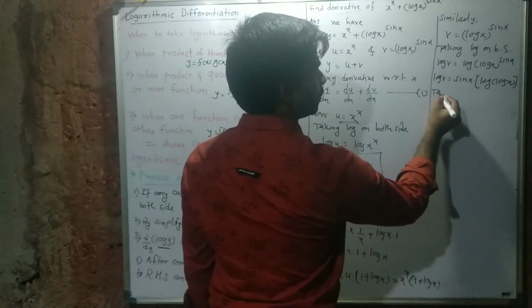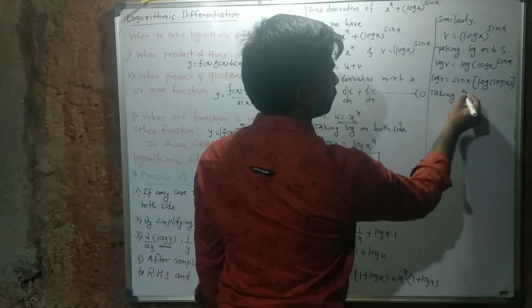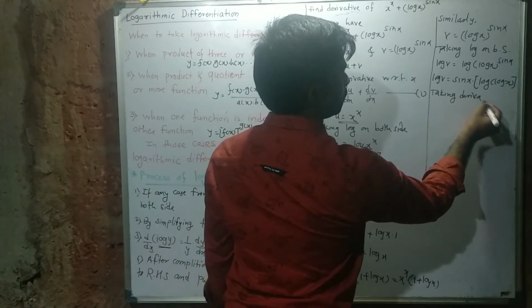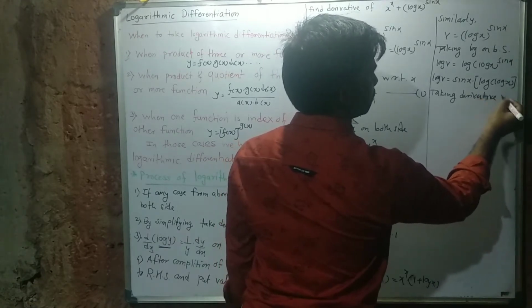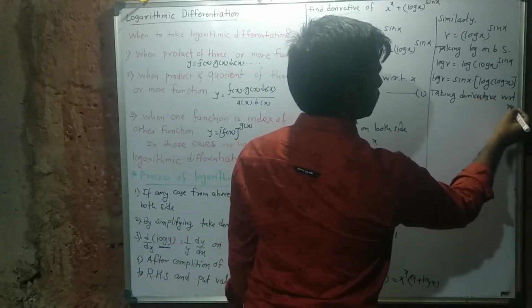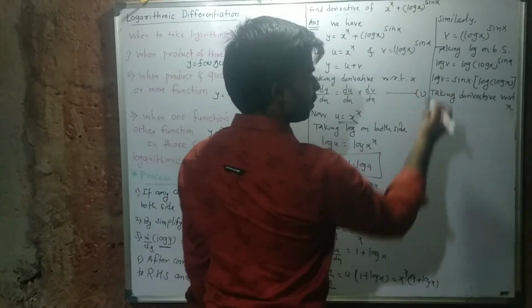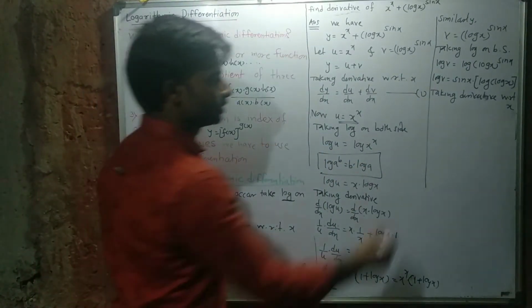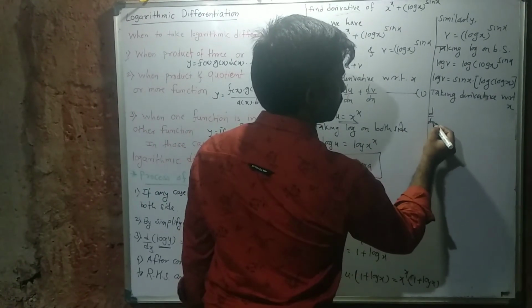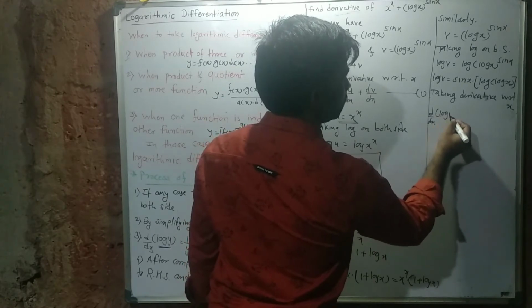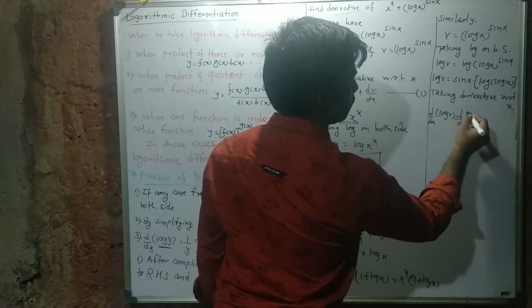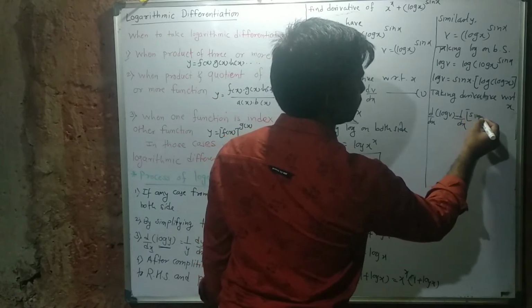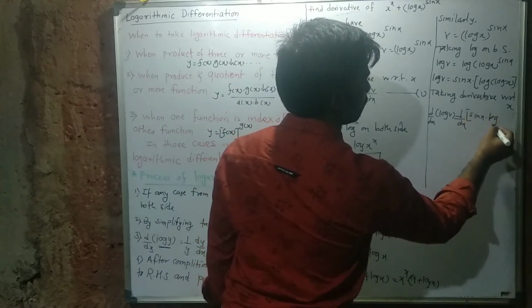Now taking the derivative with respect to x. The derivative of log v, once again d/dx of log v, is equal to d/dx of, inside the bracket, sin x into log of log x.